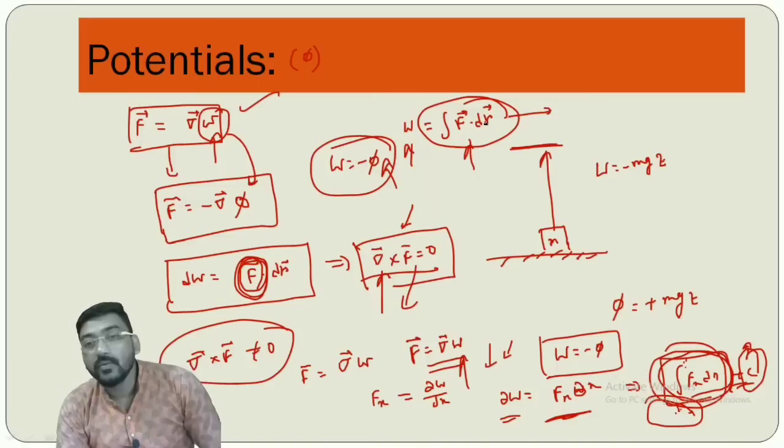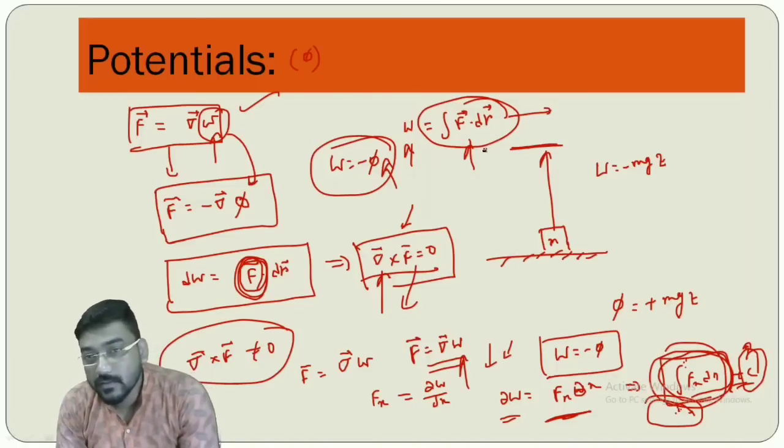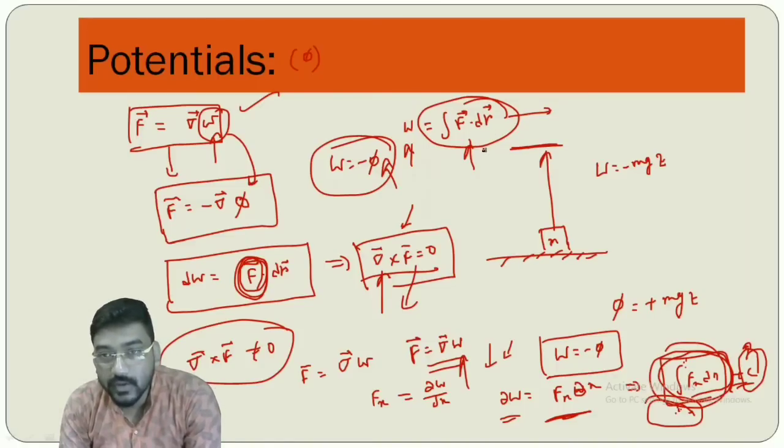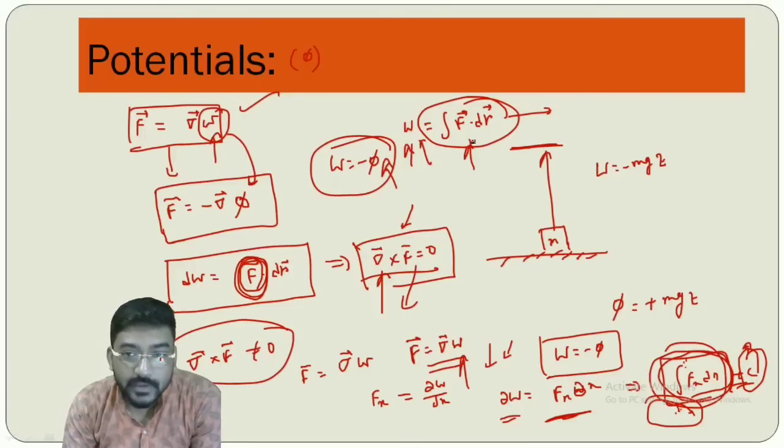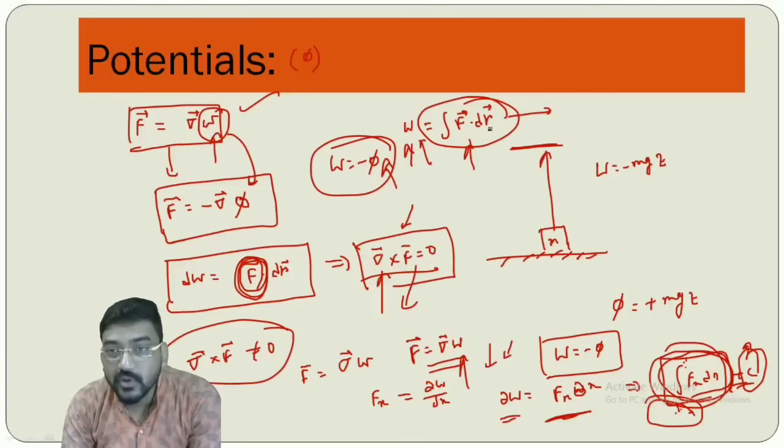Then what you can do is choose any arbitrary path to find out this w. Once you know that curl of f is equal to 0, you can find w easily using this integration. The freedom here is that whenever you see that curl of f is equal to 0, you can choose any path, because it is independent of path.